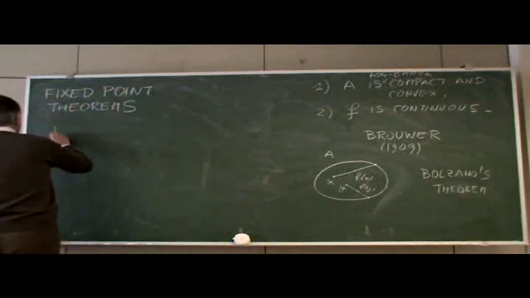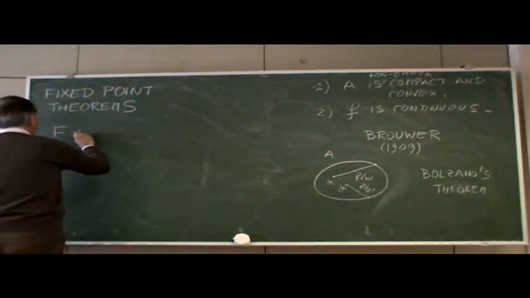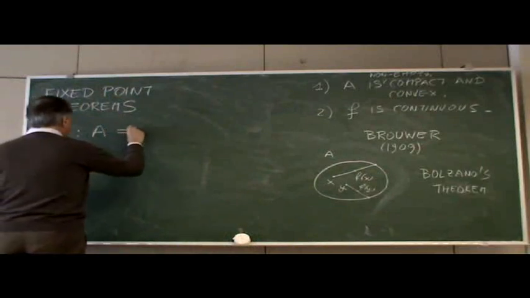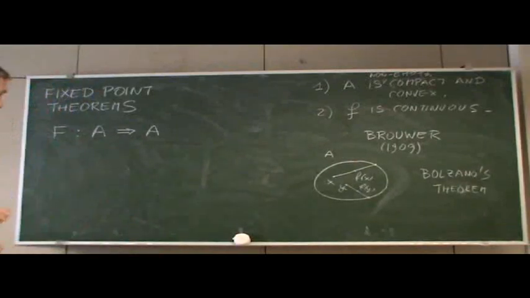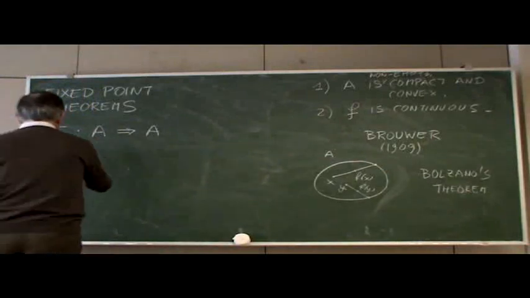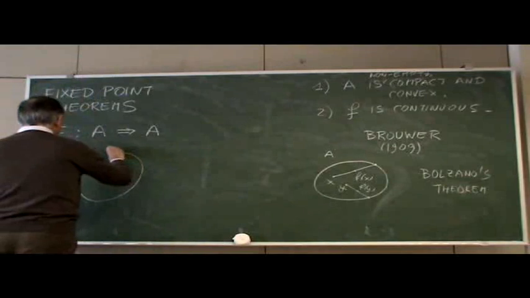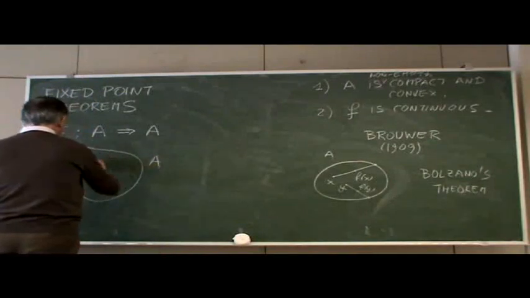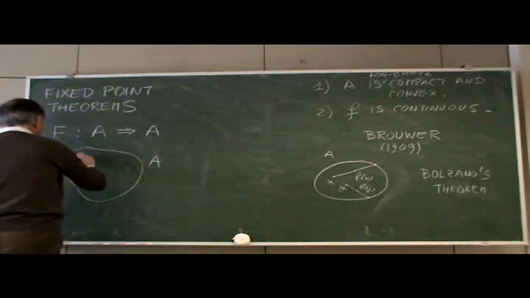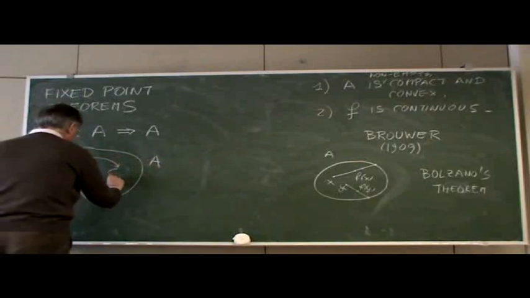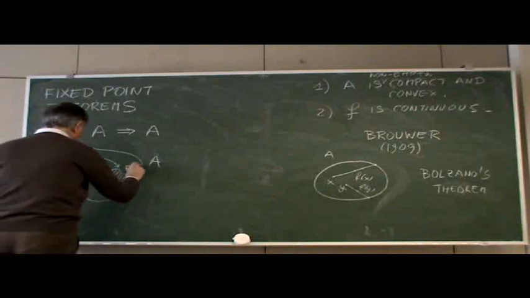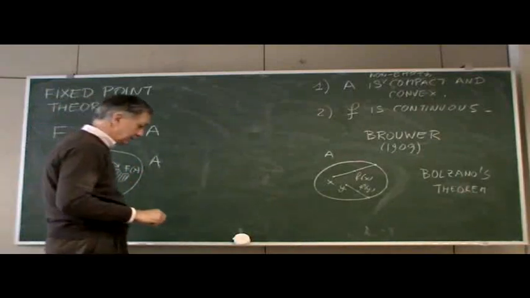So, consider a correspondence f, which is defined as before in the set A and takes values in A itself. This is the set A, take any x like this, the correspondence associates with this x a subset of A, which is exactly f of x.